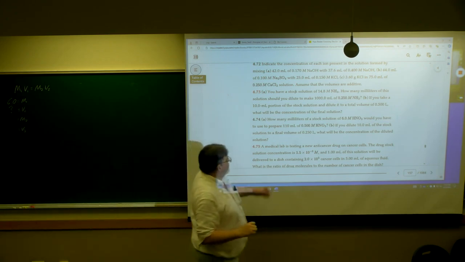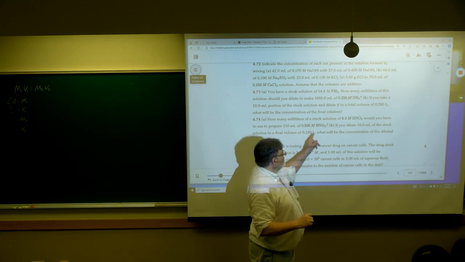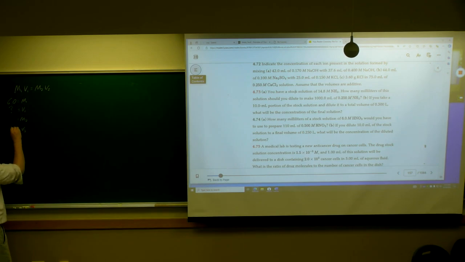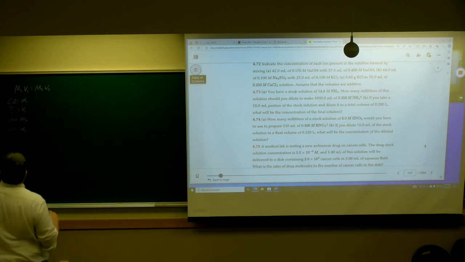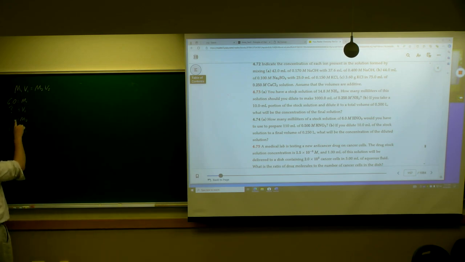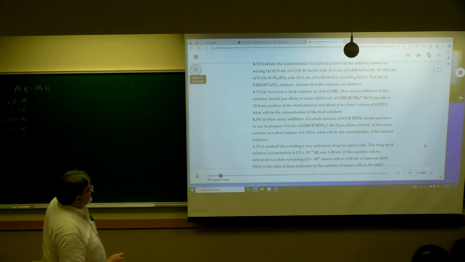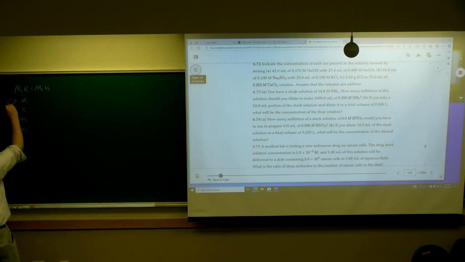You need 110 milliliters of 0.50 molar. That's 3 significant figures. That's only 2, the way it's written. And you only get 2 here. So our answer is going to be 2 significant figures.